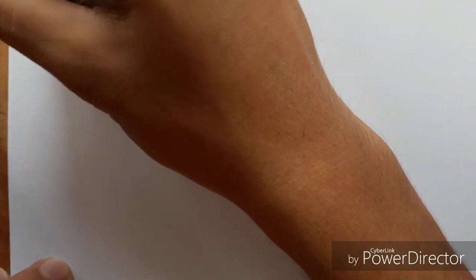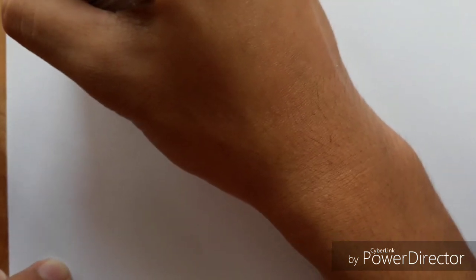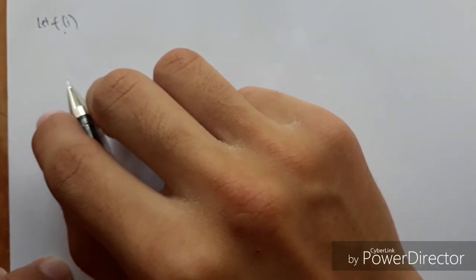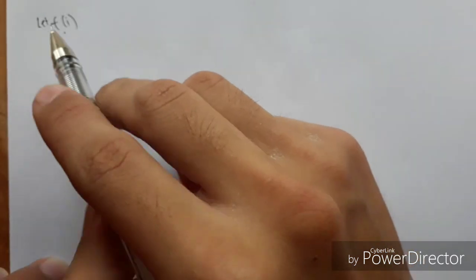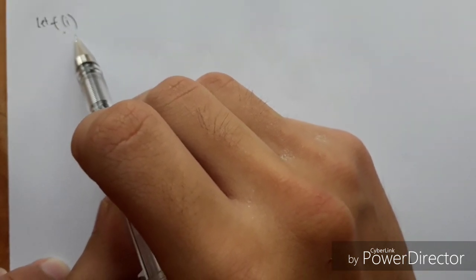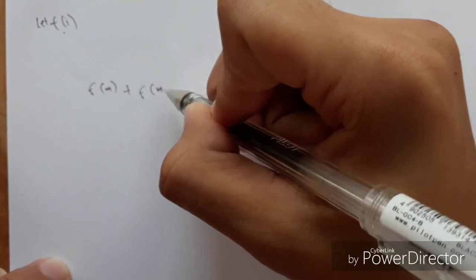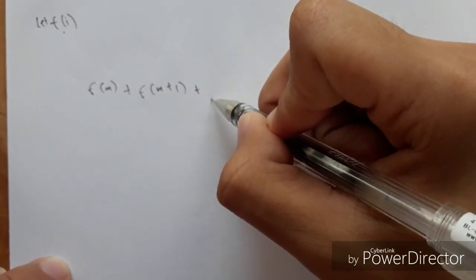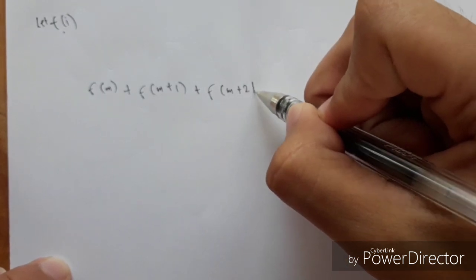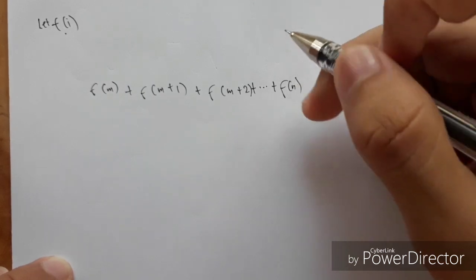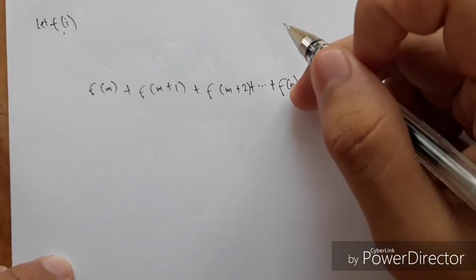The equation can be read as, let f of i be an expression involving an integer i. So the expression can be written as f of m, which is the lower limit, plus f of m plus 1, plus f of m plus 2, plus until f of n, which is the upper limit.